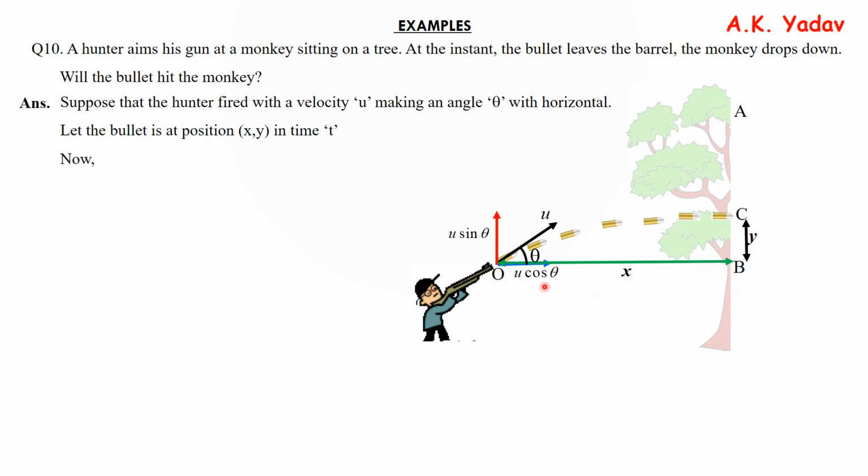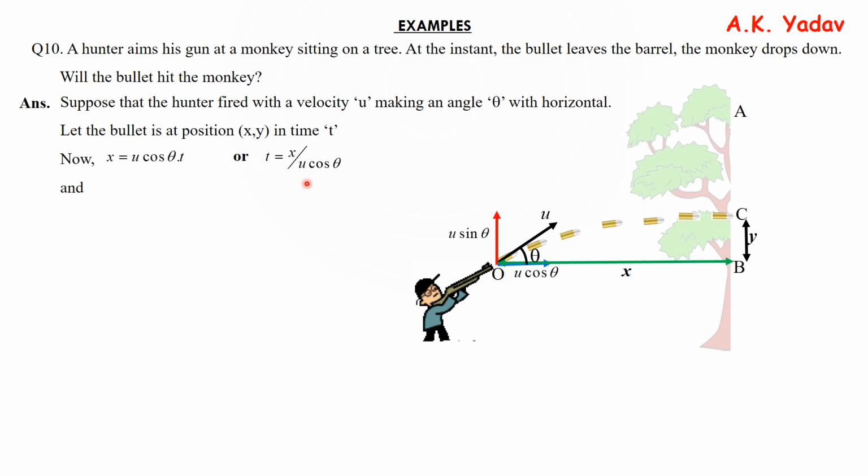Now, as this motion is parabolic, we can use the equation of parabola for horizontal and vertical motion. For horizontal motion, we can write x is equal to u cos theta t, or t is equal to x over u cos theta.